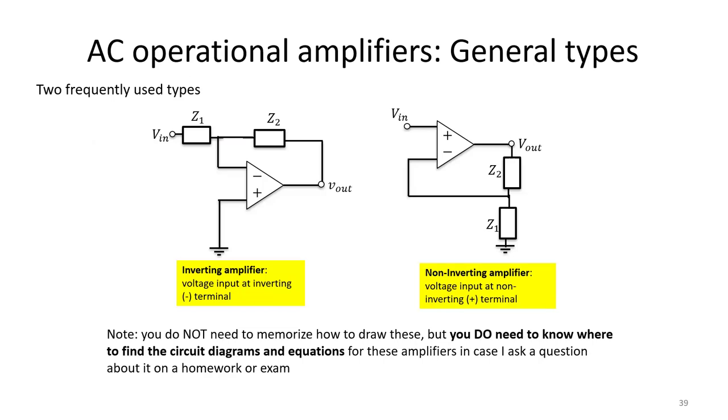You'll remember these are very similar to the ones we covered back in Lecture 9 and 10. And so basically, instead of having resistors, we now have impedances in these op-amps.